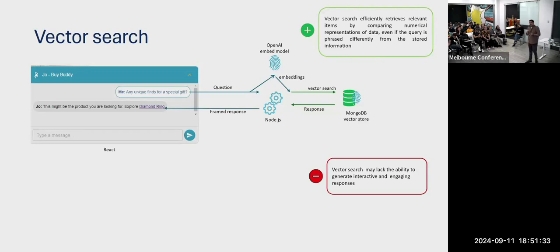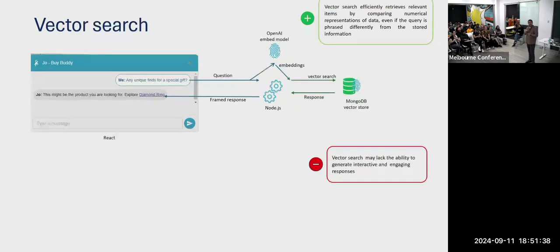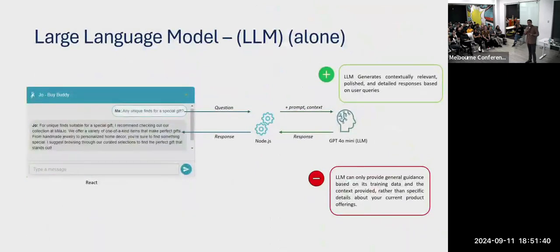That's where a large language model like OpenAI GPT-4 comes in. Let us imagine we forget about keyword search and vector search. We employ an LLM like GPT-4 Turbo or GPT-4 Mini.